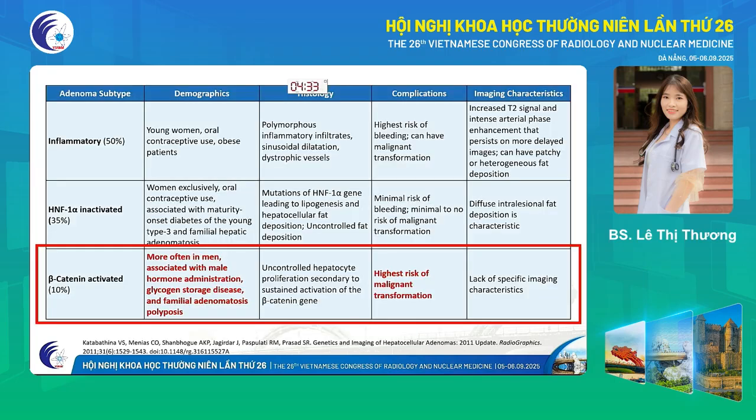So I would say that with a suspicious adenoma lesion, especially with risk factors such as male sex, male hormone administration, glycogen storage disease, and familial adenomatous polyposis, we need to pay special attention to the beta-catenin mutation due to the high risk of malignant transformation.